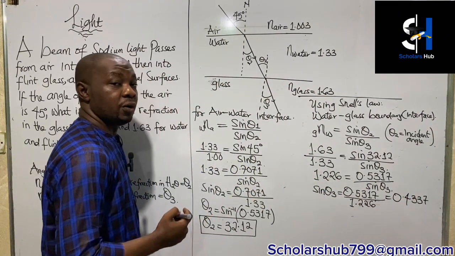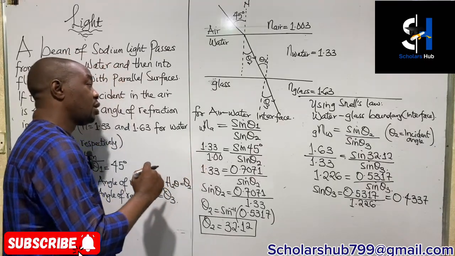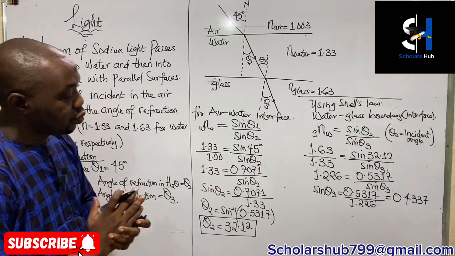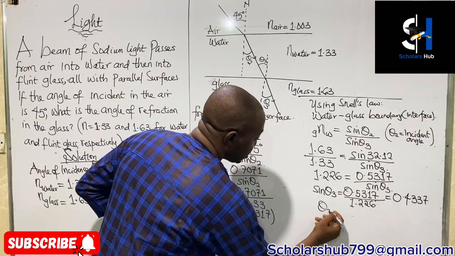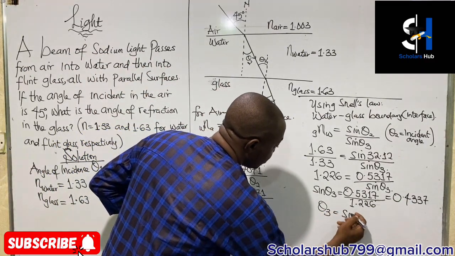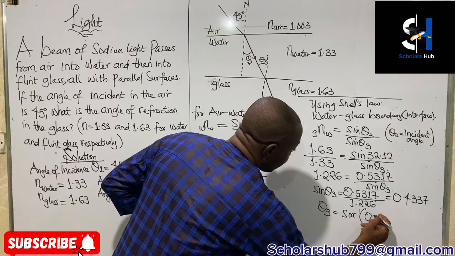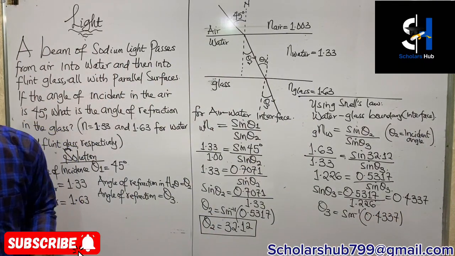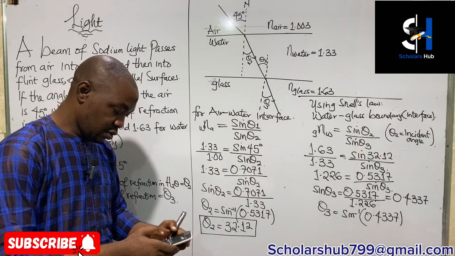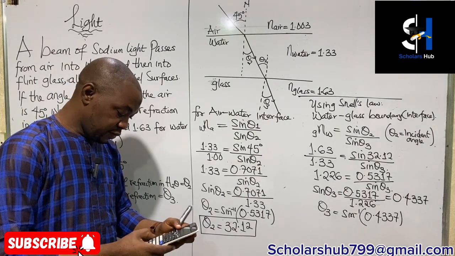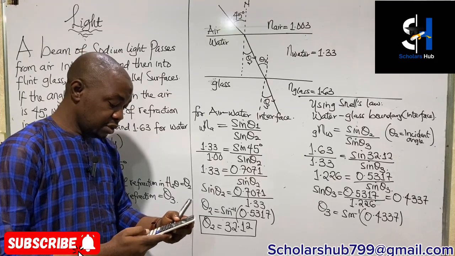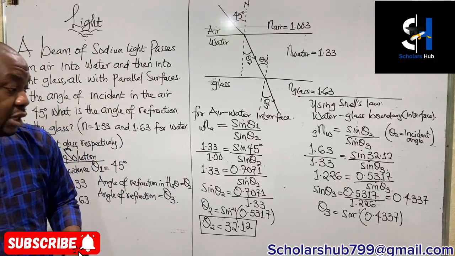To get the value of the third angle, which is the angle of refraction in the glass, we write the third angle as the inverse sine of 0.4337, and that would be 25.7.